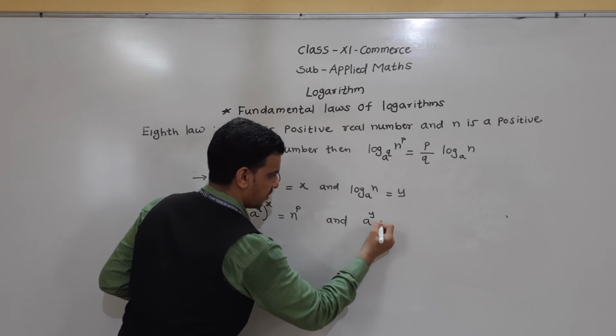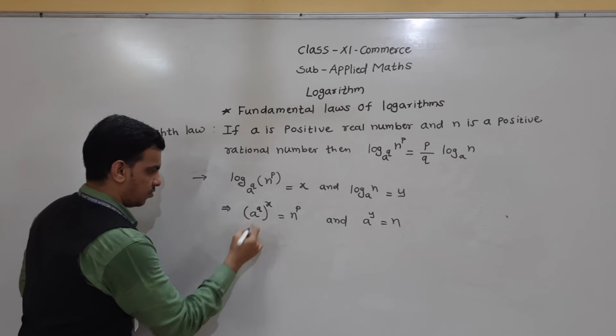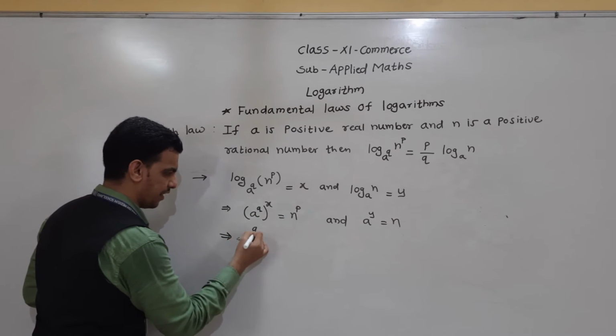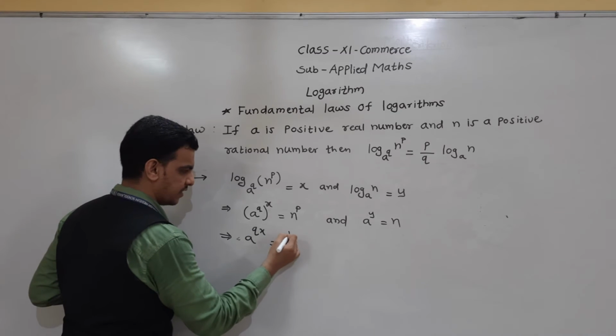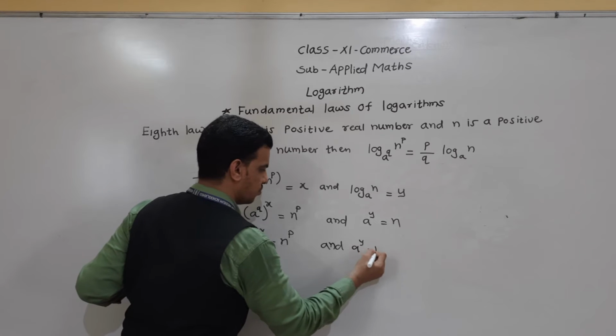Okay, now we can write a raised to qx is equal to n raised to p, and a raised to y is equal to n.